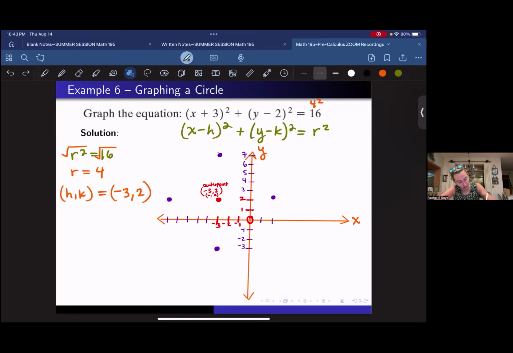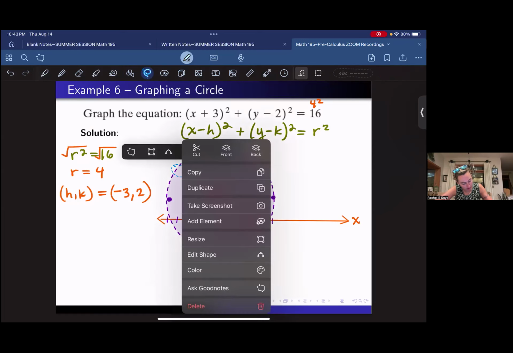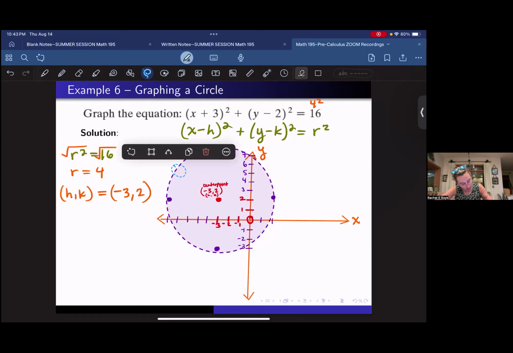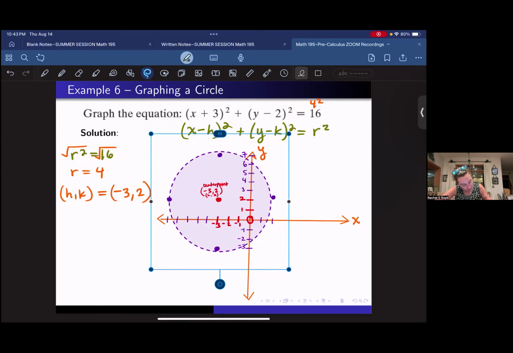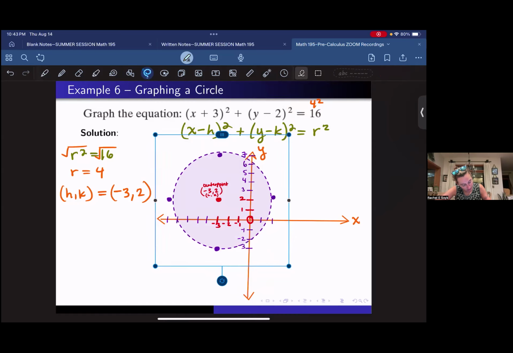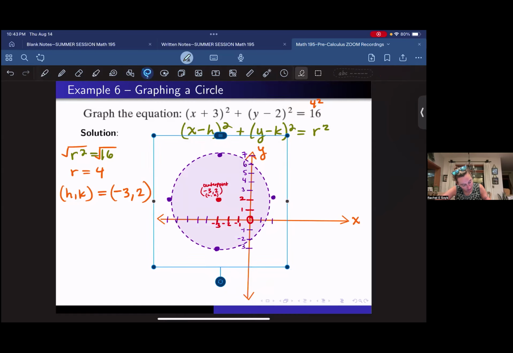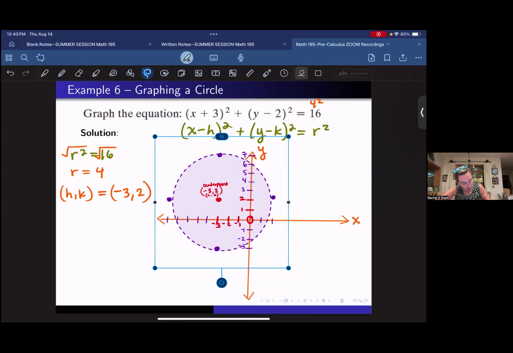So let's see if this works. Might be a little too big, but let me see if I could shrink it. We got it. Yeah, it's good enough.